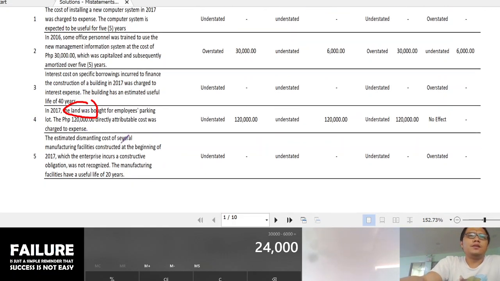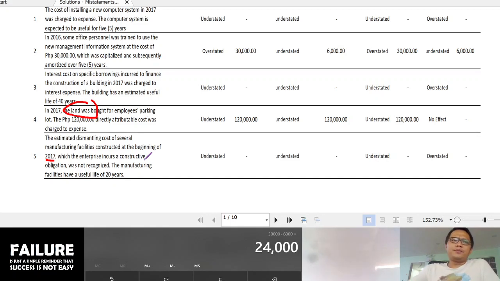So next, okay? The estimated dismantling cost of several manufacturing facilities constructed at the beginning of 2017, which the enterprise incurs a constructive obligation, was not recognized. The manufacturing facilities have a useful life of 20 years. So, let us try to analyze this error, no?